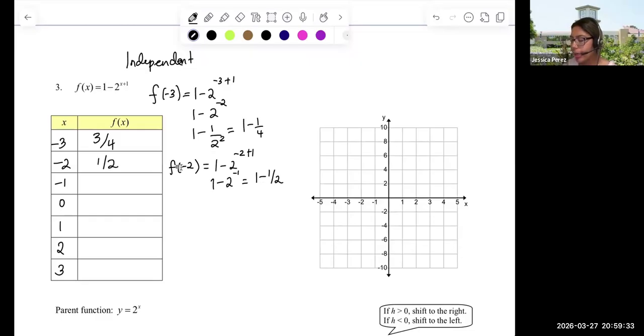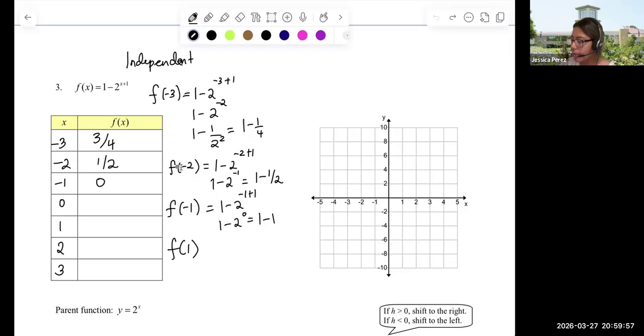And I get positive 1/2. F of -1, you get 1 minus 2 to the -1 plus 1. You get 1 minus 2 to the 0, or 1 minus 1, because 2 to the 0 is 1. And I get 0.